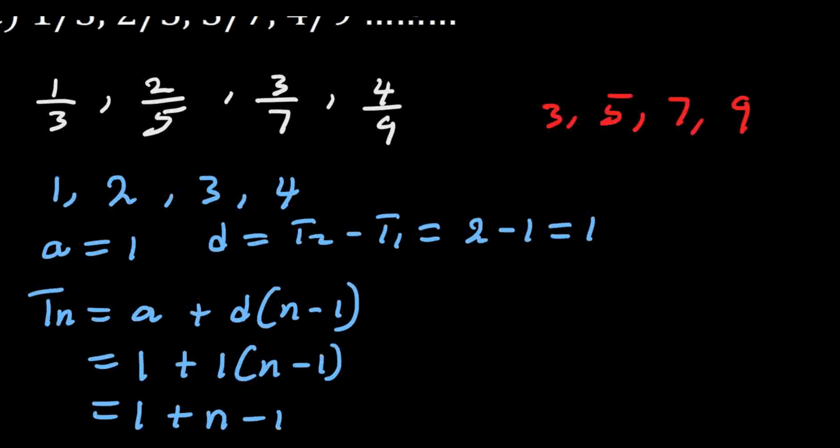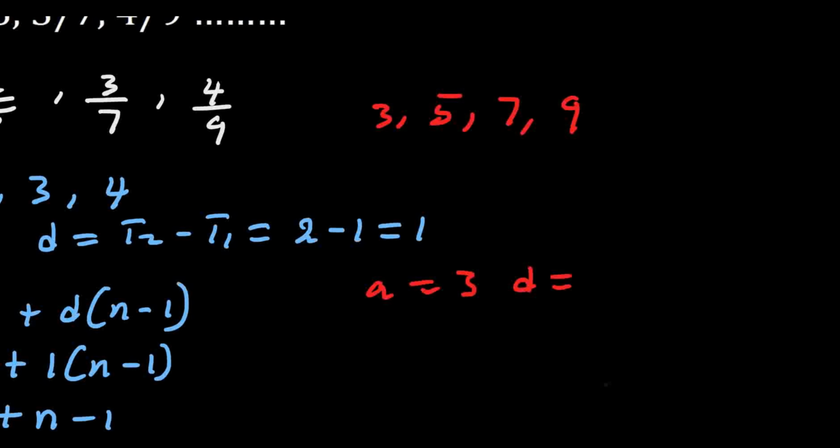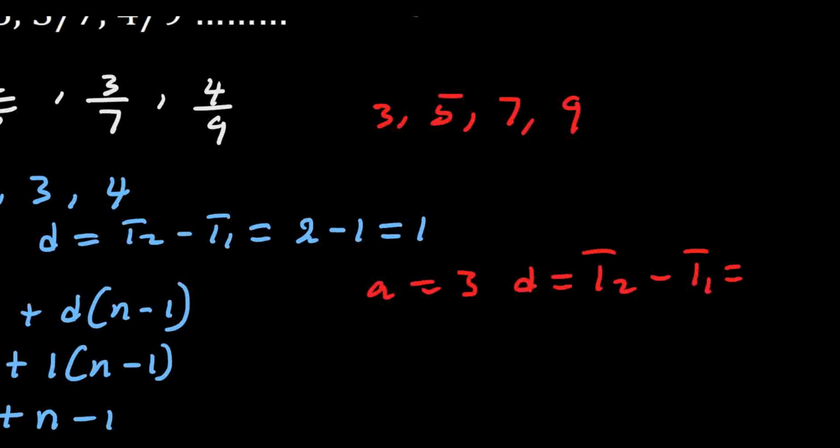So the first term, A is equal to 3, and the common difference, D, is equal to the second term minus the first term, which is 5 minus 3, and that is equal to 2.